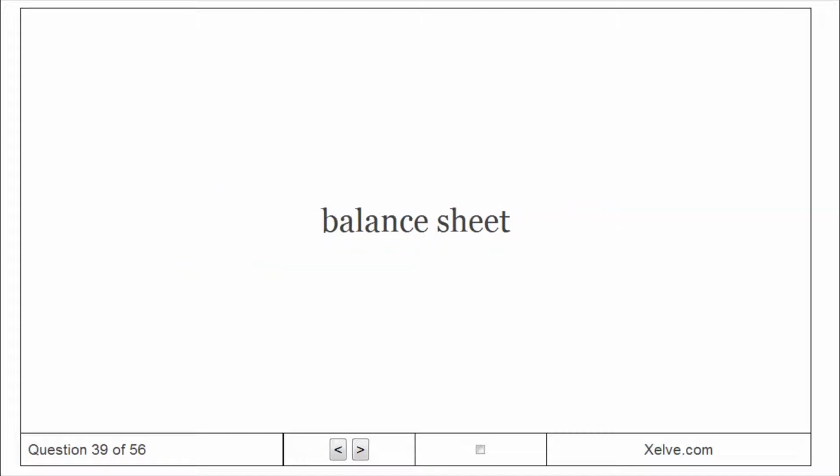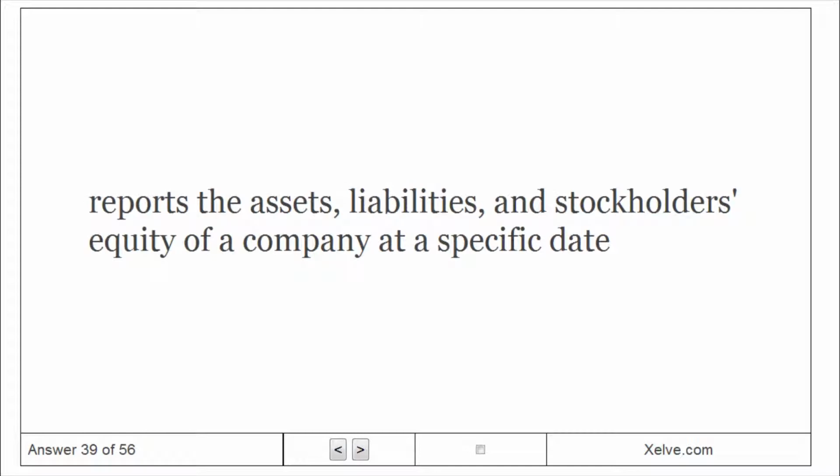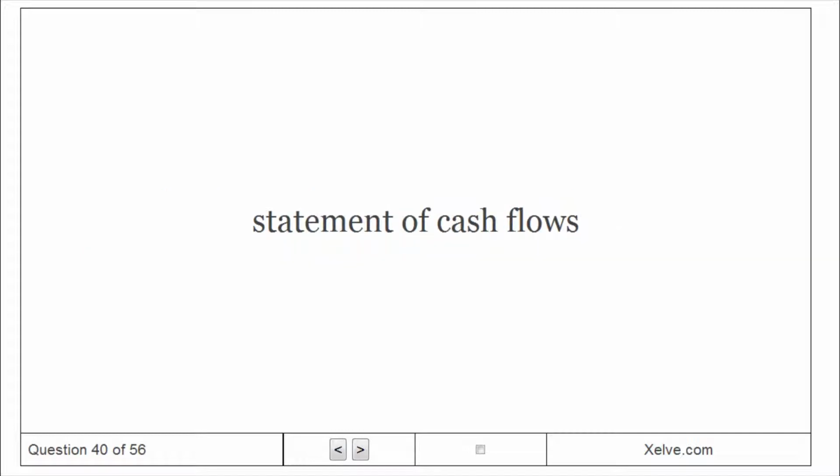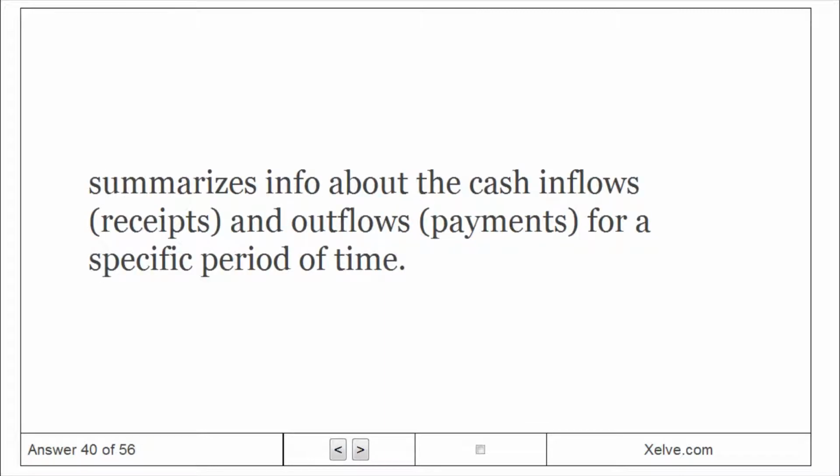Balance sheet reports the assets, liabilities, and stockholders' equity of a company at a specific date. Statement of cash flows summarizes info about the cash inflows and outflows for a specific period of time.